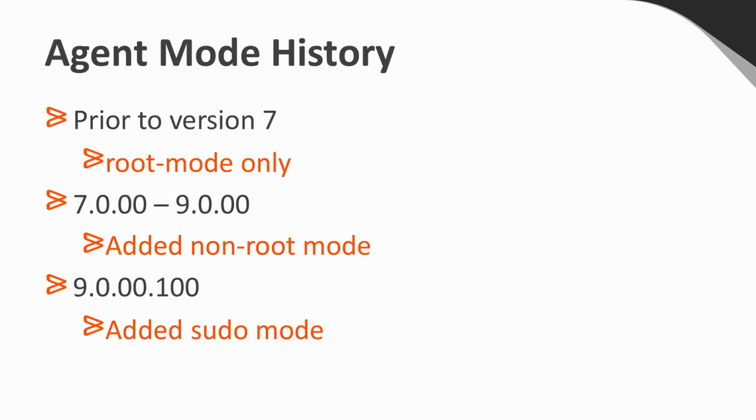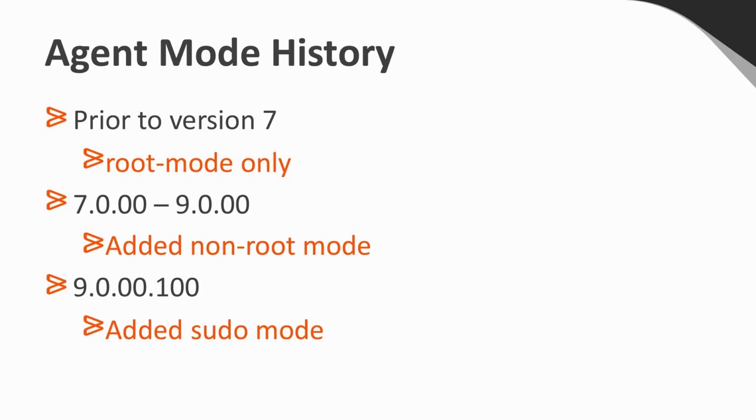So first off, a brief history of how the agent works. In 6.4.01 and prior, we required that the agent be run as root. As root, we had access to run jobs as any other users, but since the agent was running in root mode, it was running as a privileged user, and it presented the potential for some security problems.